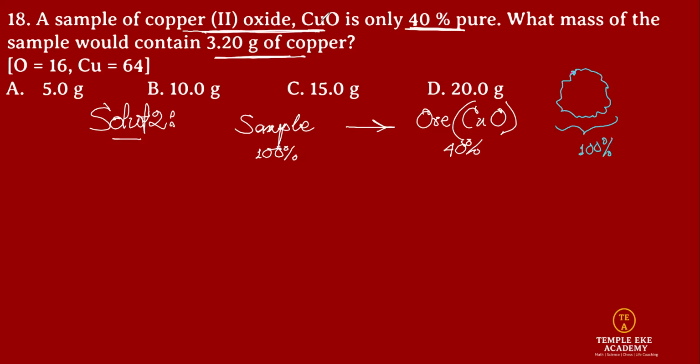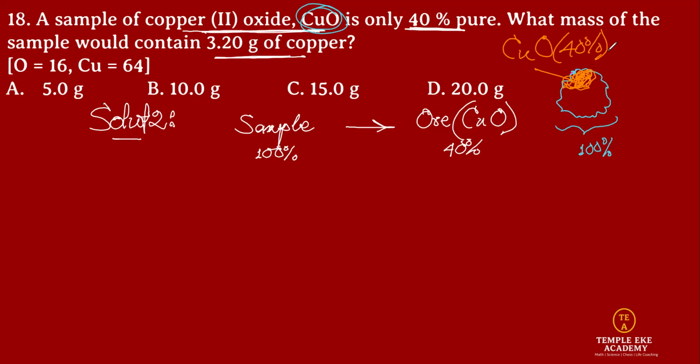But the particular ore, copper 2 oxide, is only 40% of the sample. So let us highlight this with another color. Okay, this is what we mean. This is just 40%, and it is CuO. So this has to be established. The sample is different from the ore. Now let us continue with this.